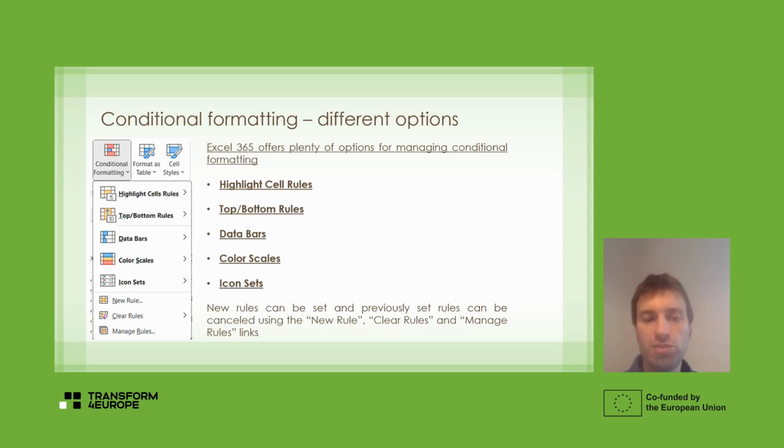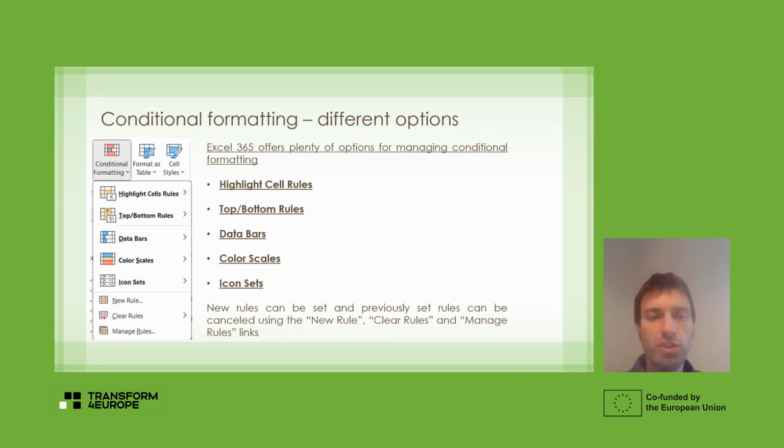But we also have the options to clear rules, so to remove any kind of conditional formatting, either from our selection or from the entire spreadsheet. Okay, and we can have a look at the rules that are active. So if we select a given area of cells, we can see whether there is any conditional formatting that is already active, and in this way we might want to add it, remove it, or add a new one.